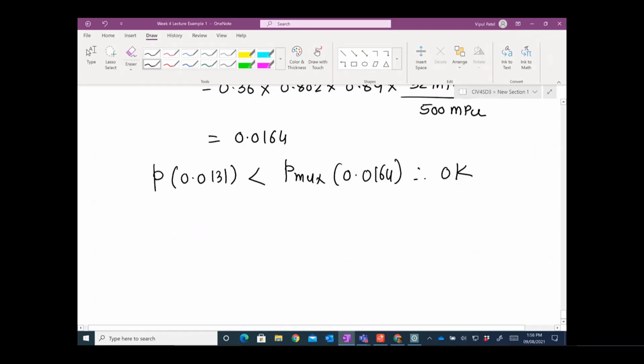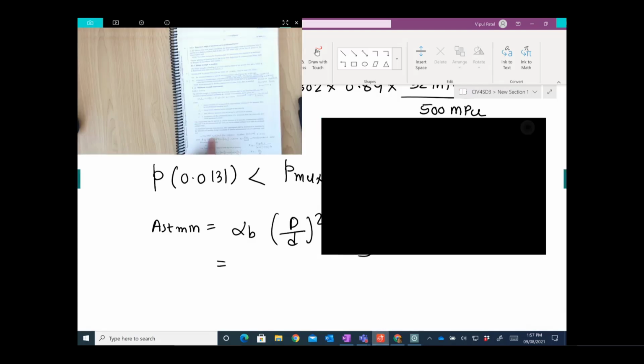If you go back to that clause, A_st minimum equals alpha_b b d over d squared, times fct.f over f_sy. Okay, by the way, this is here, that is the minimum A_st: alpha_b, b_w, d, d squared, fct.f, f_sy. Now what happens to this b_w and d?